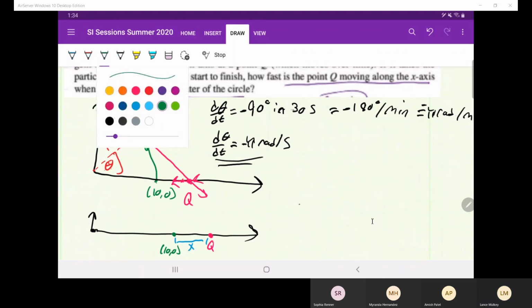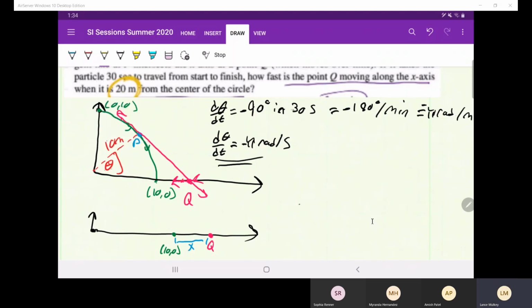So if we work with that, since this makes a 90-degree angle, we know this is 90 degrees. And now we have a triangle that looks like this. If you flip it up on its side, 90 degrees because we rotated this around. You have 10 meters. Actually no, that's wrong.